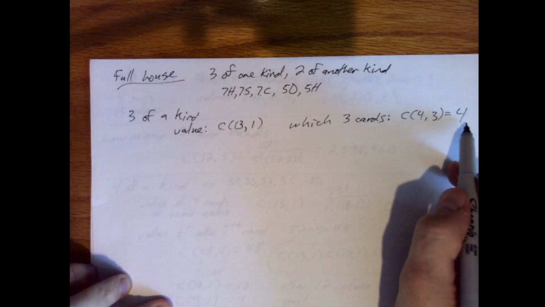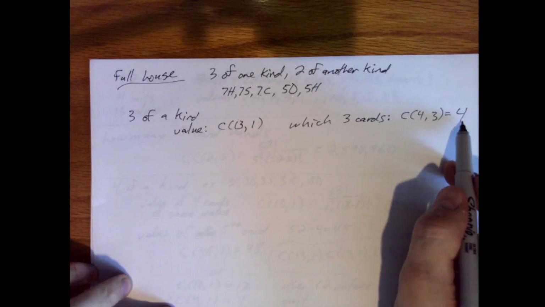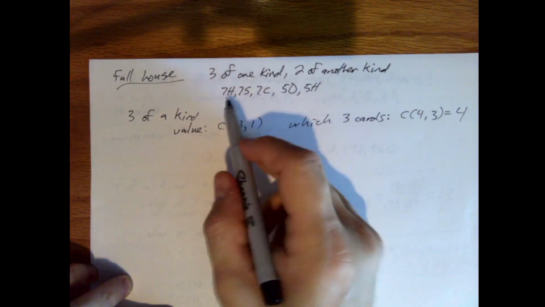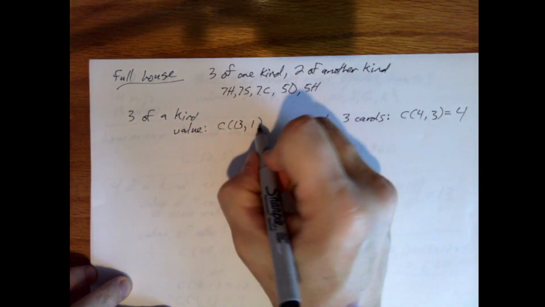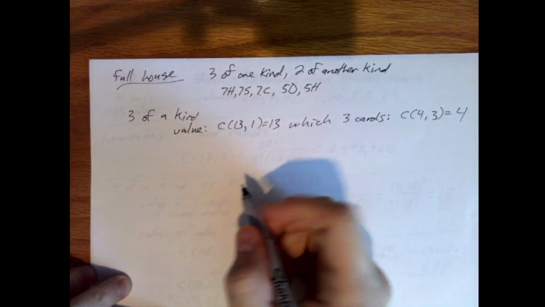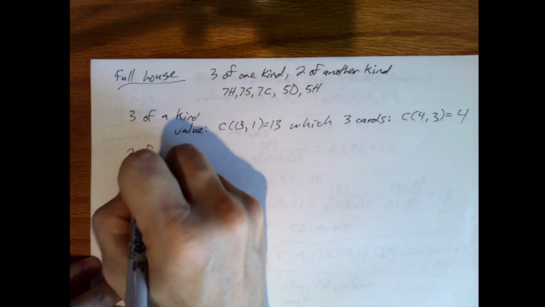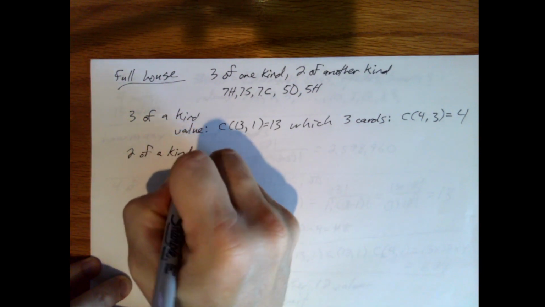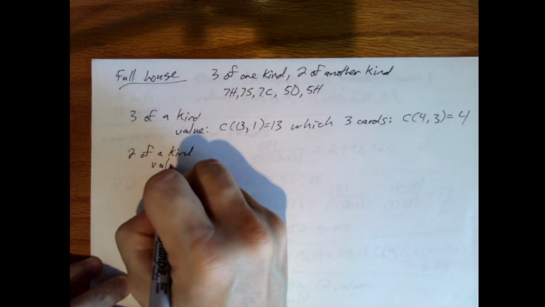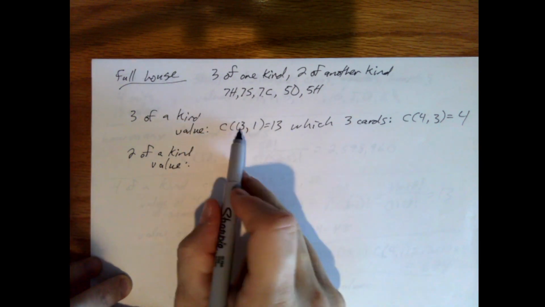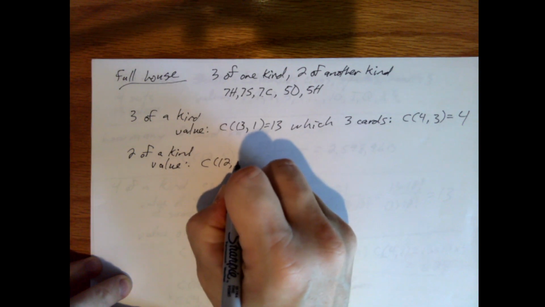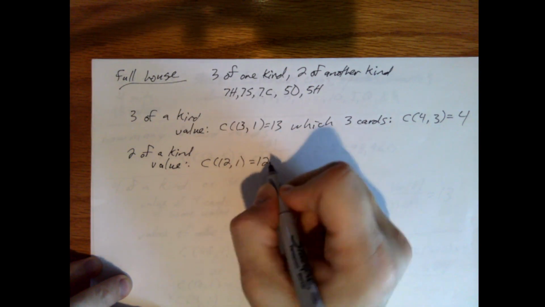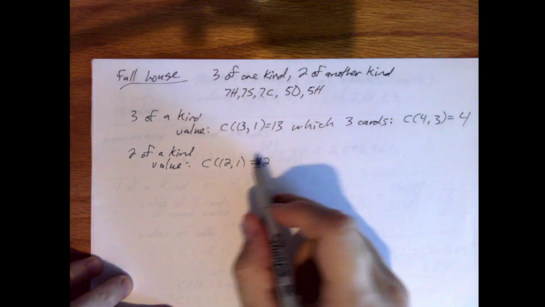It happens to be 4 different combinations of those, okay? And this right here is equal to 13. And then for the 2 of a kind, the value, well, it's one of the other 12. And then which 2 cards of that?